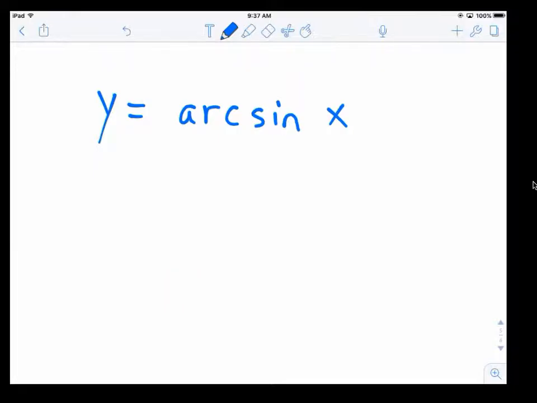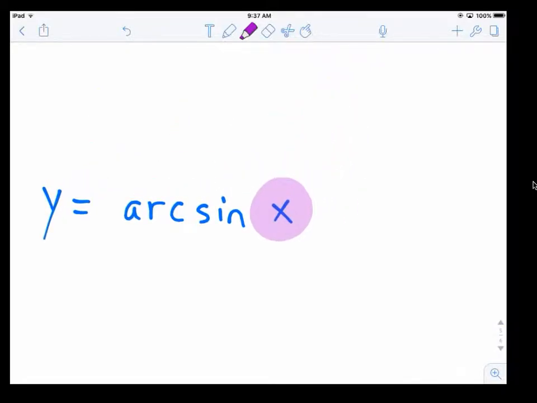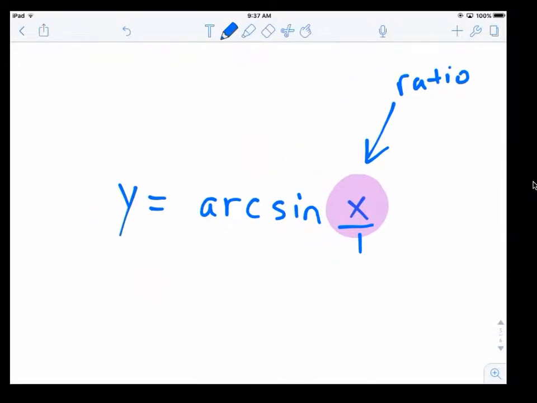All right, so again, this part here is your ratio. So what's another way that I can write x as a ratio? x over 1, right. And then what do you get when you evaluate an arc sine function?